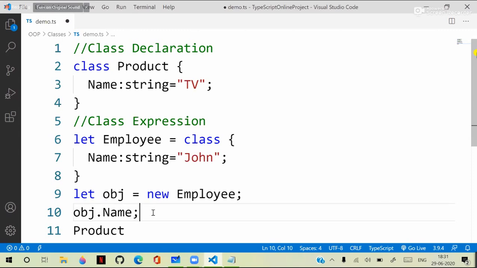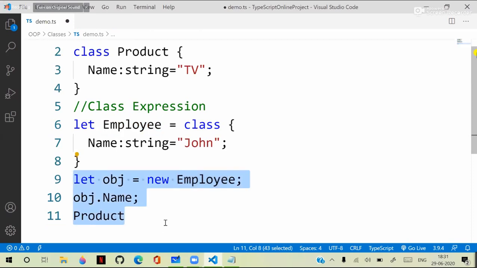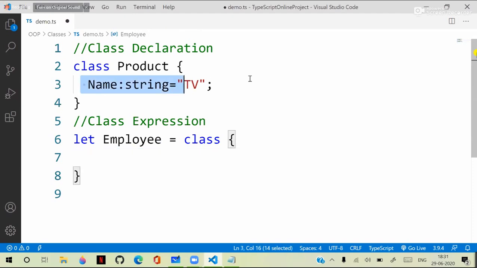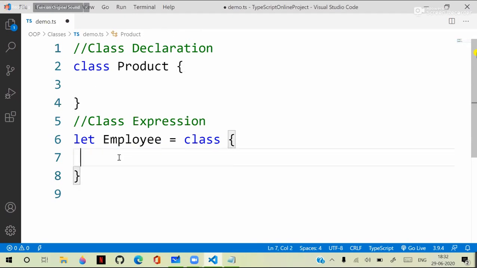Directly you cannot access. Again you have to load into memory in order to access its members, and you need to configure. Later, I will tell you all these points. No need to worry about this. First, the only concept you need to know is that this is a class declaration and this is a class expression.